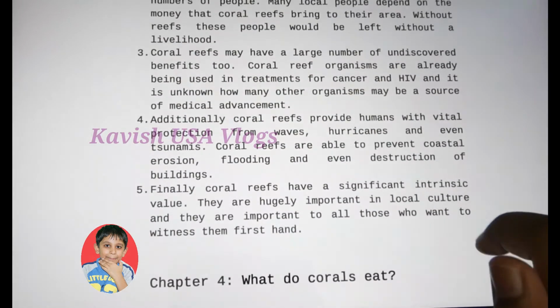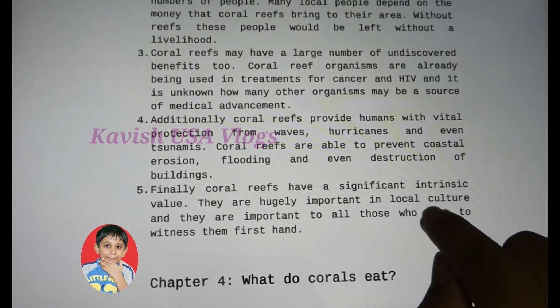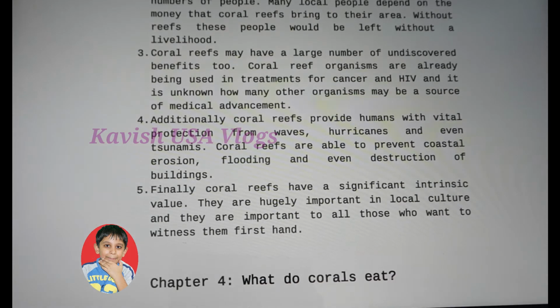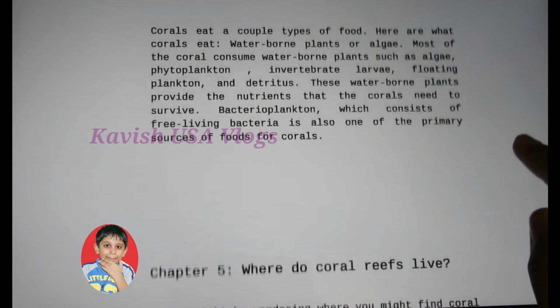Finally, coral reefs have a significant intrinsic value. They are hugely important in local culture, and they are important to all those who want to witness them firsthand. Chapter 4. What do corals eat?